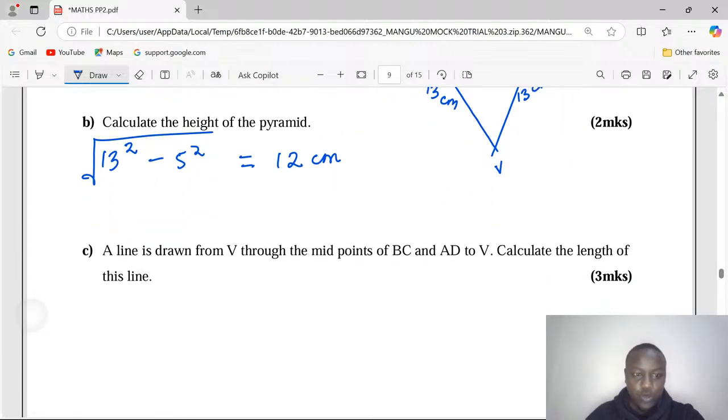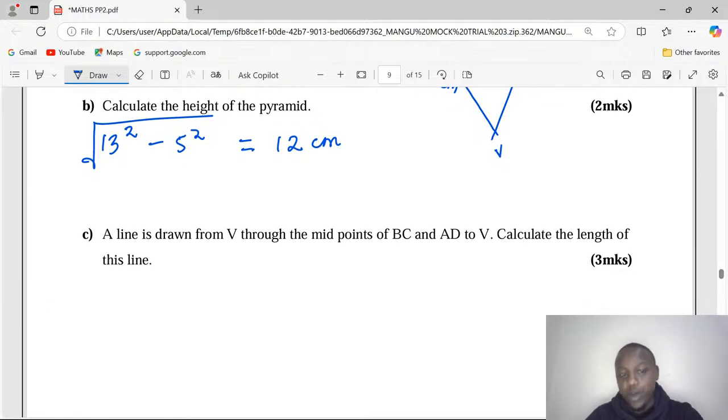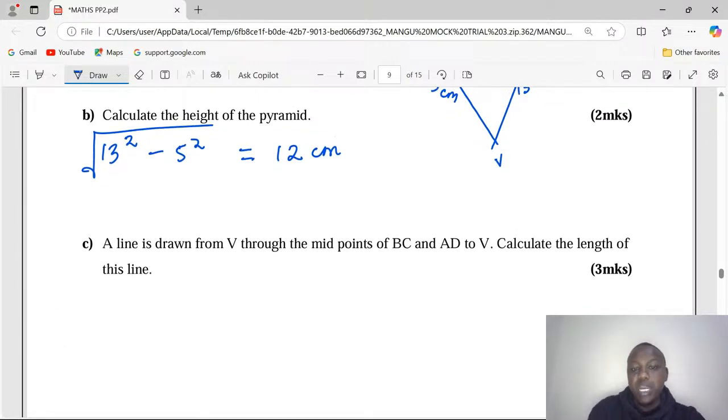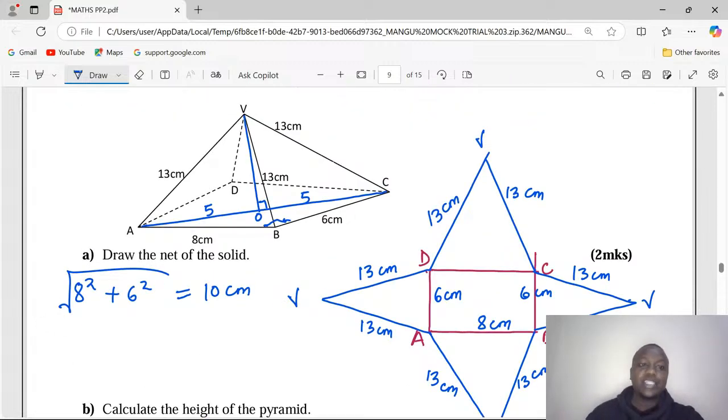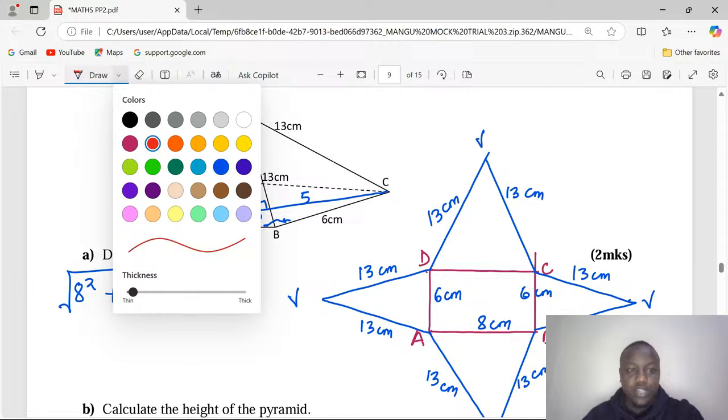We are also told that a line is drawn from V to the midpoints of BC and AD, back to V. Calculate the length of this line. Let me show you the line we are talking about.